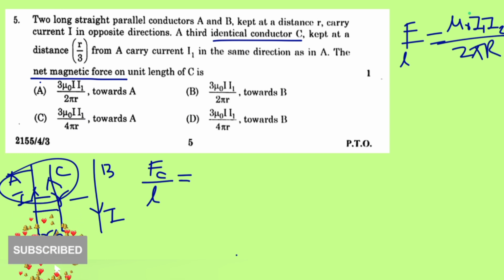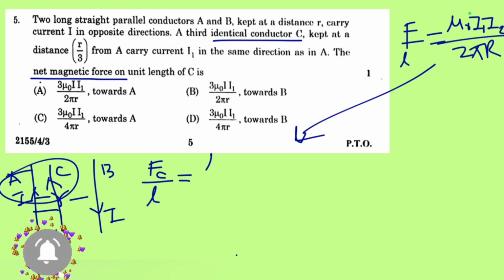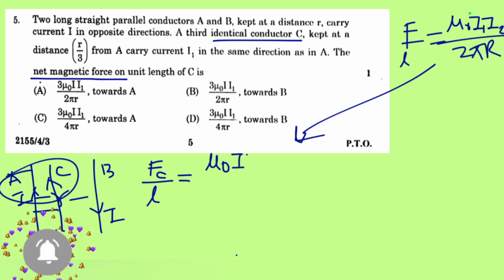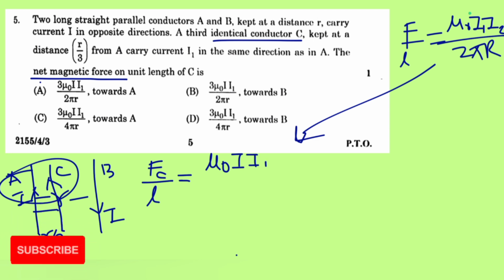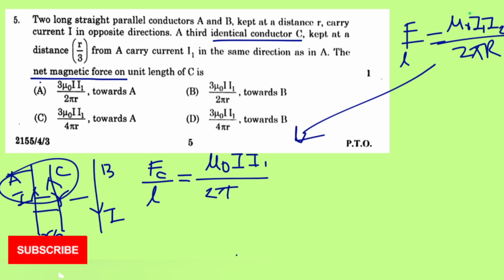Now in this case I will take two cases. The force per unit length on conductor C due to conductor A, according to this formula, is mu naught, the current flowing through conductor A is I, the current flowing through conductor C is I1, and the distance between them is r by 3, over 2 pi.